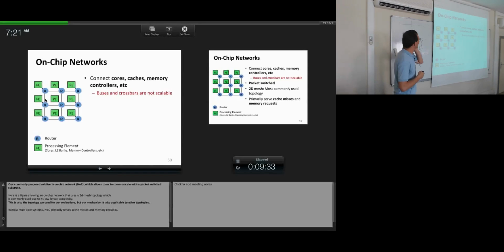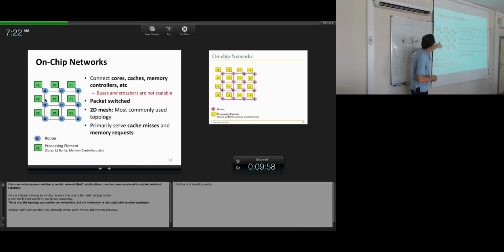Okay, so let's take a look at on-chip networks now. This is hopefully a better picture, which basically shows that you have some processing element on-chip, and you have a router. These processing elements could be cores, L2 banks, memory controllers, accelerators. It could be anything. And these routers connect these different processing elements.